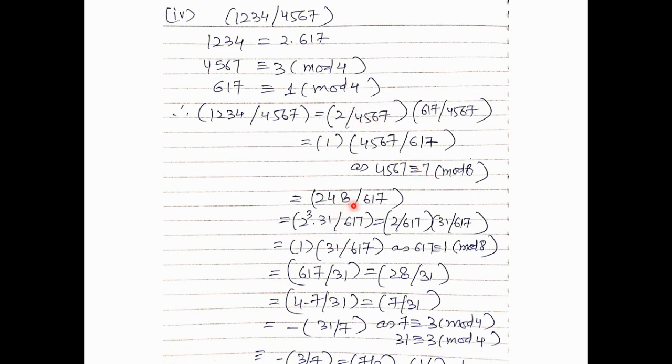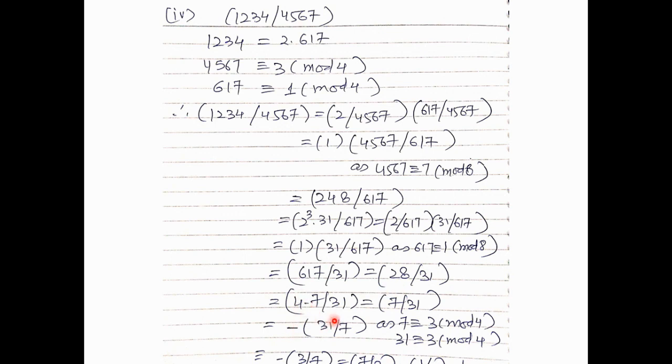Now this is equal to 248 upon 617, and this can be written as 2 cube into 31, and 2 square can be deleted. So this is 2 upon 617 into 31 upon 617, and this again has value 1, as 617 is congruent to 1 modulo 8, and this is 31 upon 617. So this can be written as 617 upon 31, which is 28 upon 31, and 28 can be written as 4 into 7.